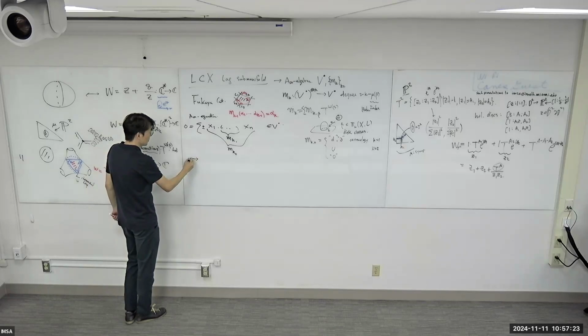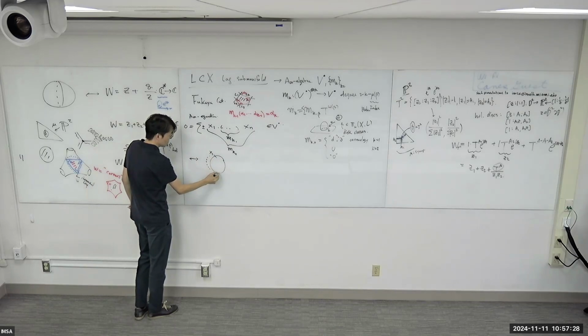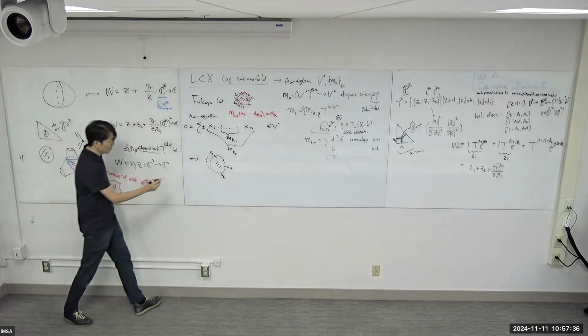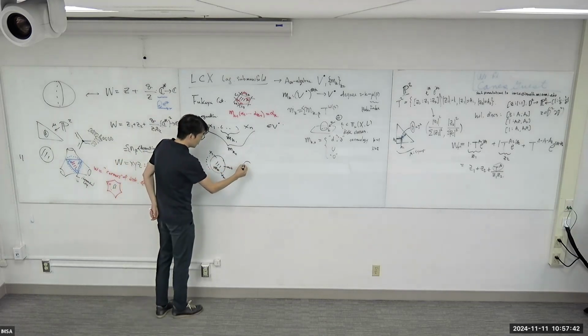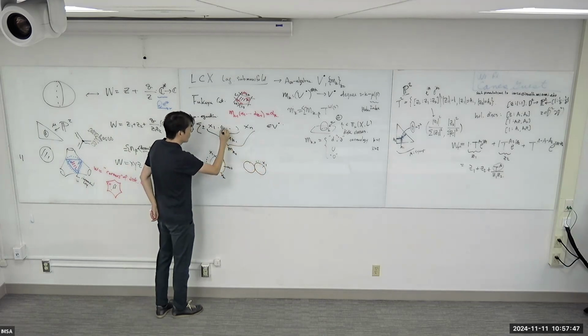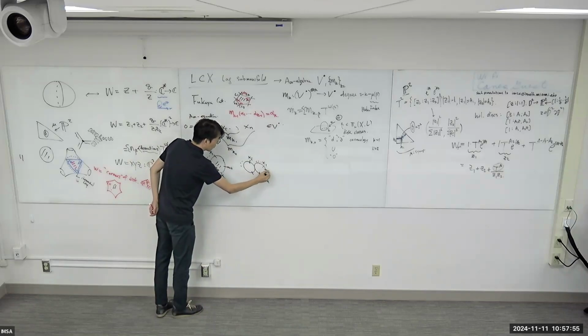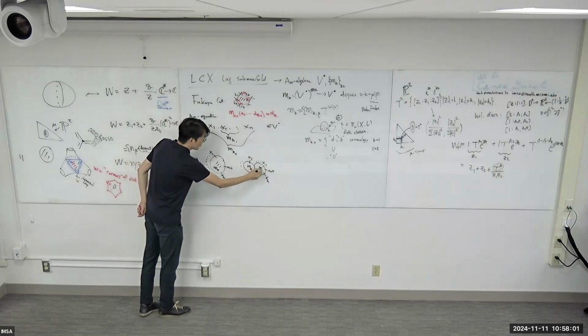And this corresponds to, whenever you have this m_k operation, then this degenerates into m_{k_1} and m_{k_2}.